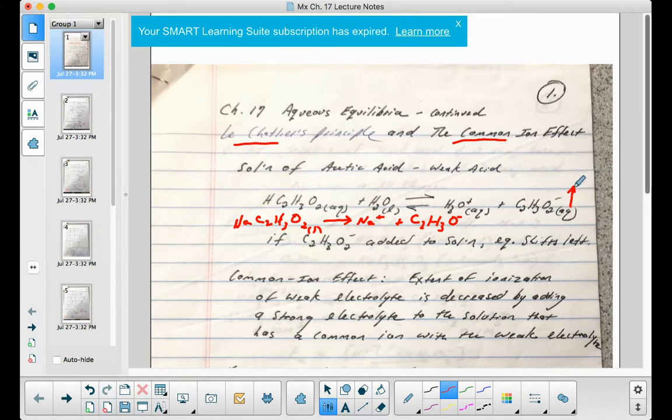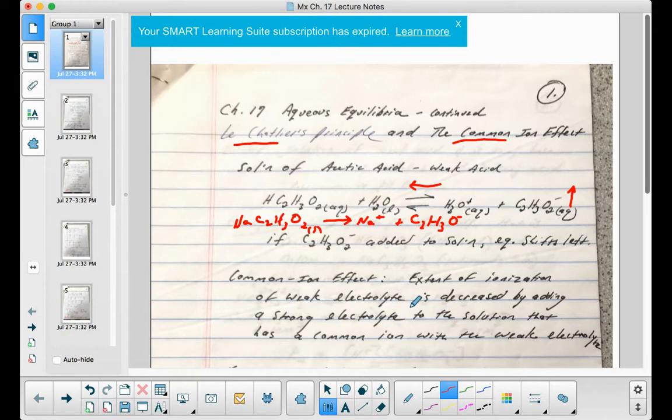So when I do that, I'm adding a common ion. And so the common ion effect, according to Le Chatelier's principle, is that the equilibrium will shift to the opposite side because there's a stress applied here, and that will cause a decrease in the ionization of that acetic acid.